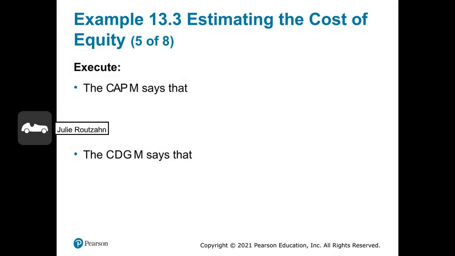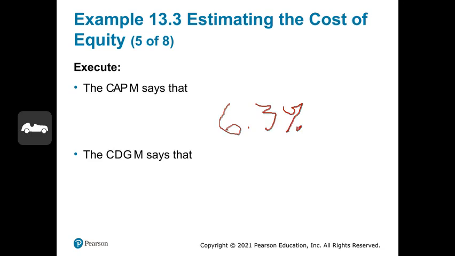When we calculate the capital asset pricing model, we're going to have the risk-free rate, 3%, plus parentheses, the beta 0.55 times the market risk premium of 6%. You do the math, you should get CAPM of 6.3%.